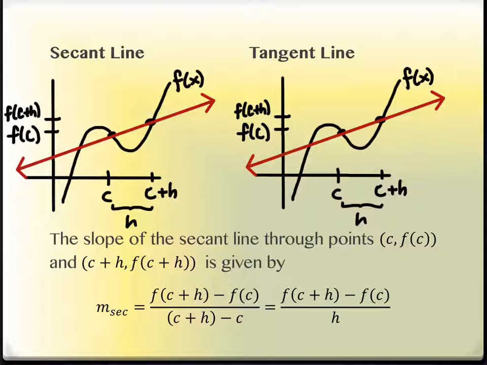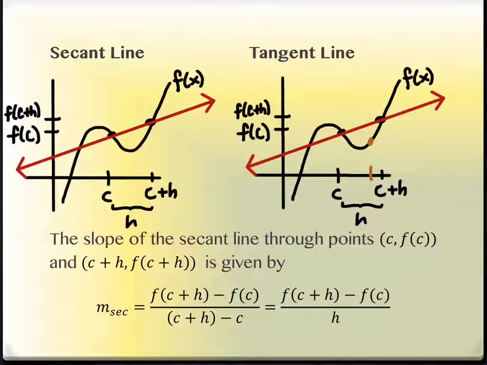Are you guys with me? So the tangent line is the idea of letting this value h that I'm far enough away from get closer and closer to the value c. So instead of h being where I've currently placed it, maybe instead I'm right here. So now this right here would be c plus h.